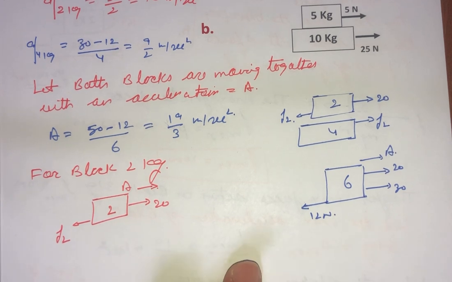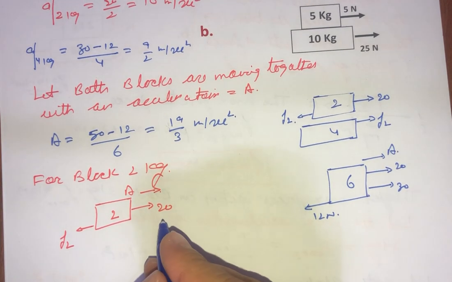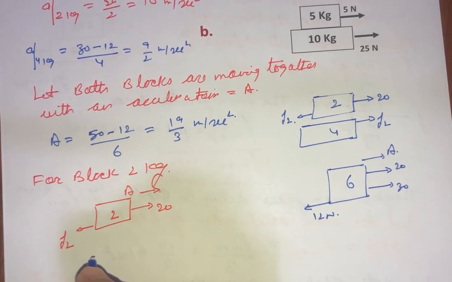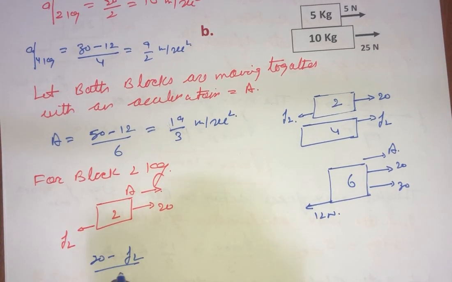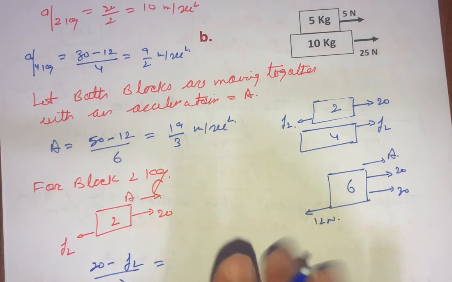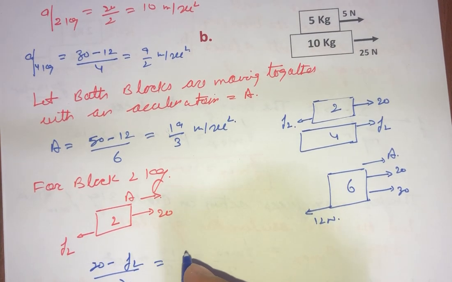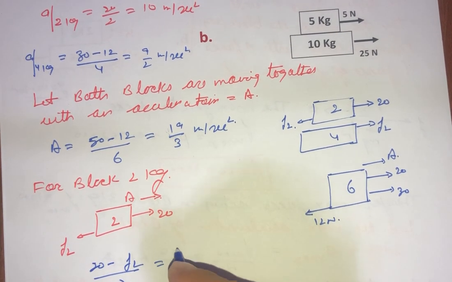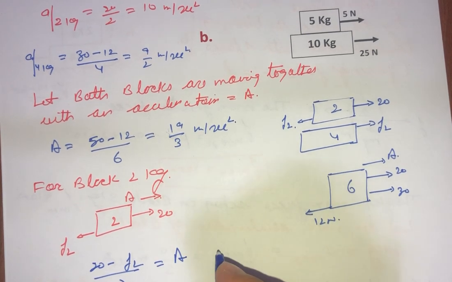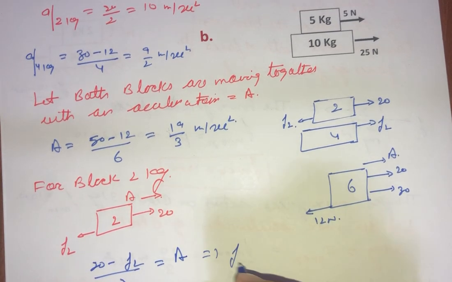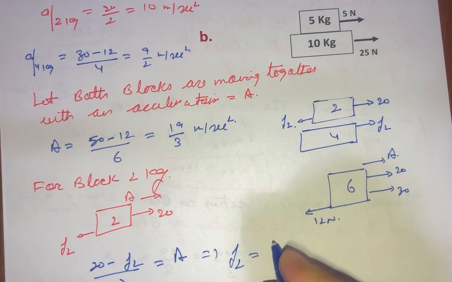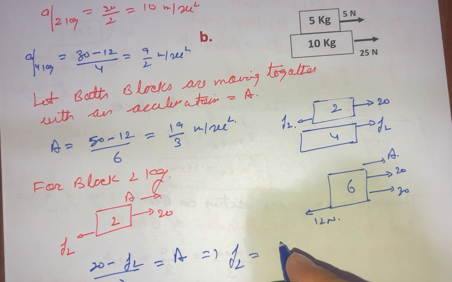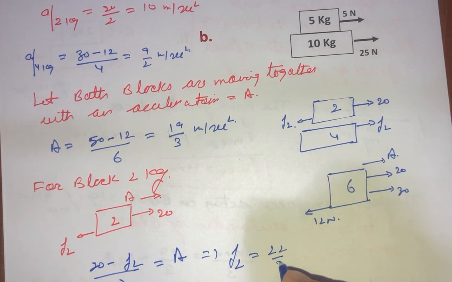So we can find out that 20 minus F2 divided by 2 kg will be our A, and from here we can find out our F2. So F2 will be coming as 22/3.